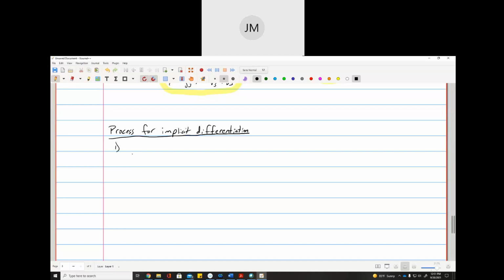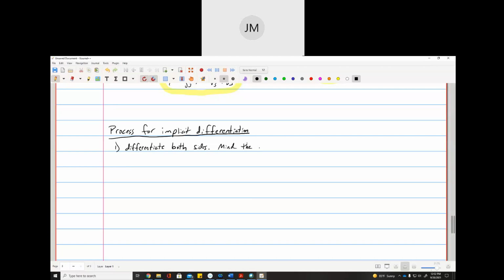Okay, the first step is going to be just differentiate both sides. If I'm writing y as a function of x implicitly, we want to make sure that anything that's an implicit function we treat as a function. So we want to keep in mind what our variable is.